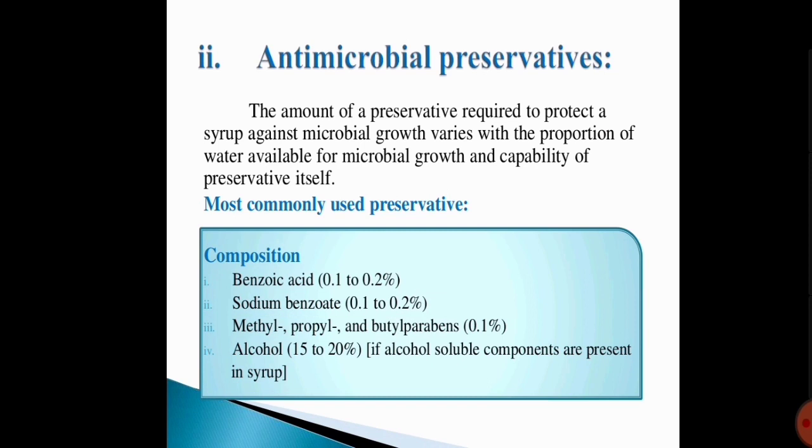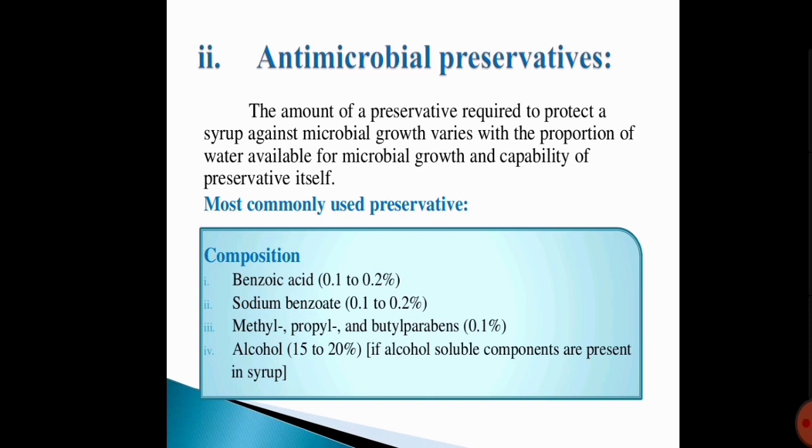The amount of preservative required to protect a syrup from microbial growth varies with the proportion of water, the amount of water available for microbial growth. Why? Because if there is more water, it will provide an environment for microbes to grow.